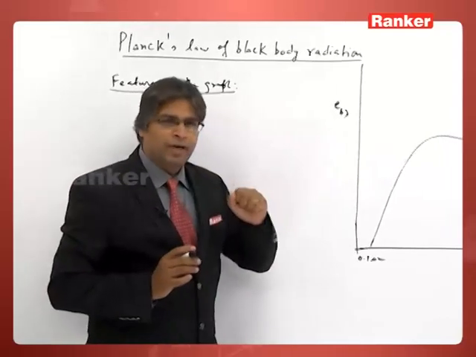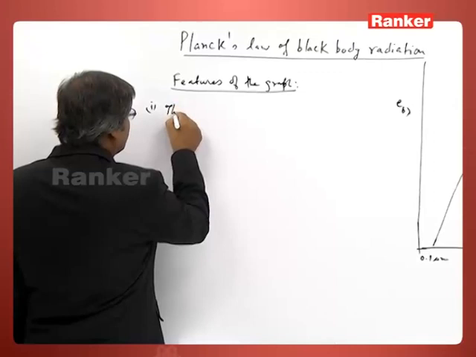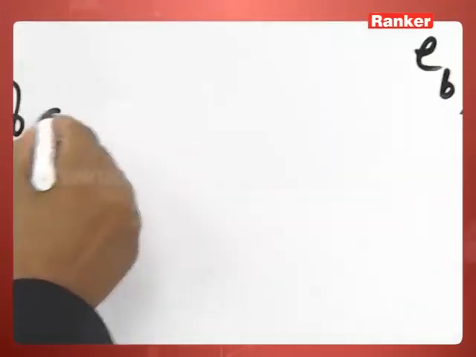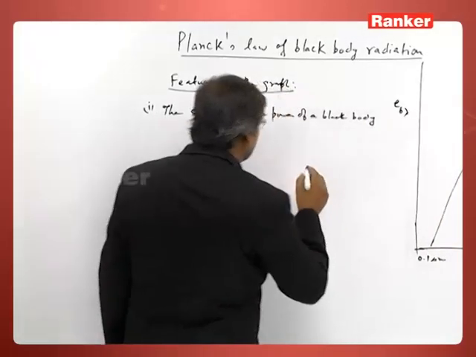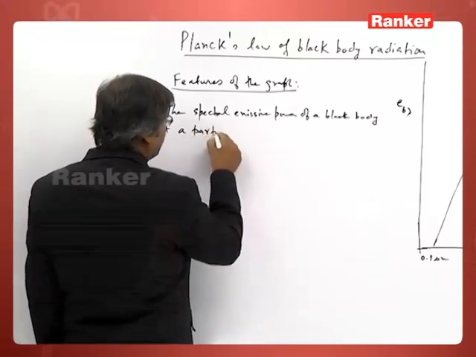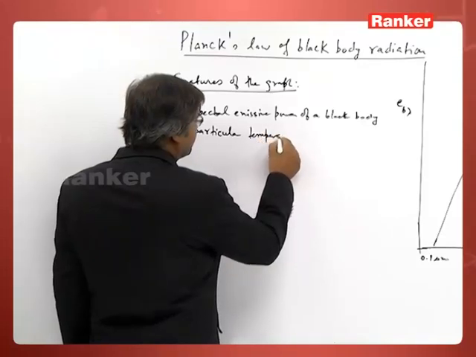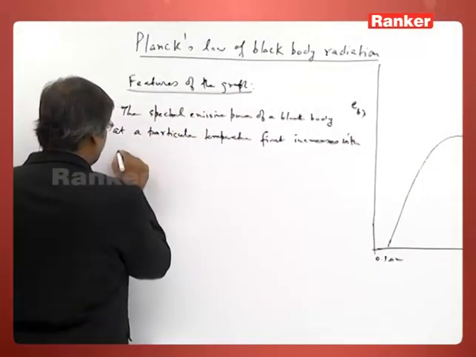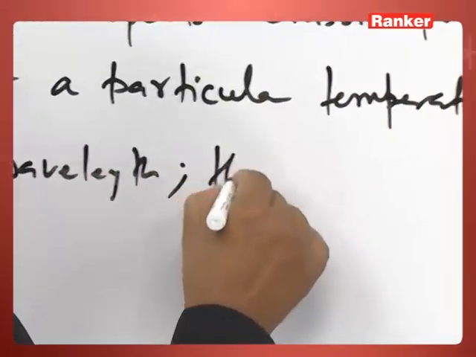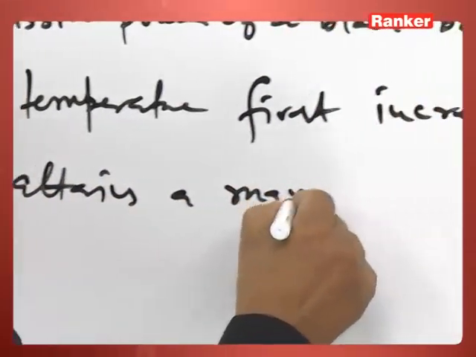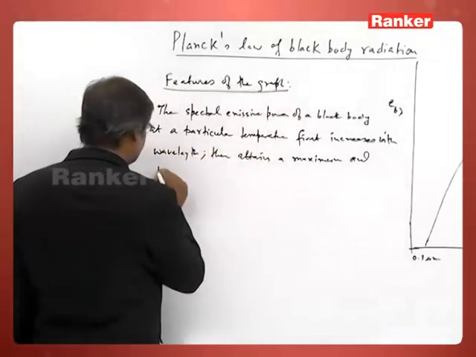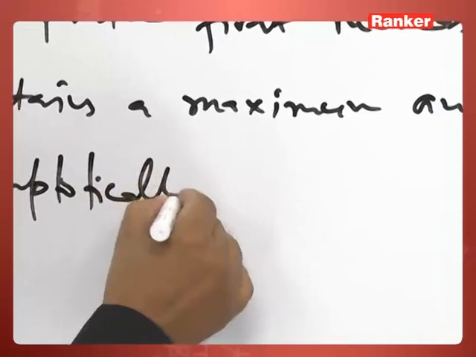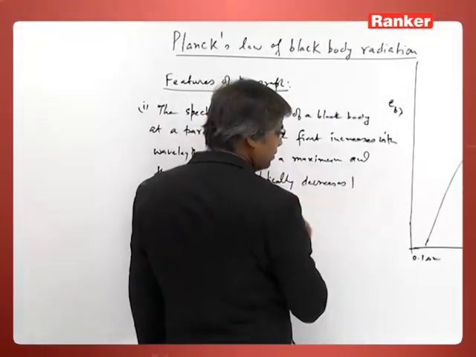So, the first essential point of this, number 1, the spectral emissive power of a black body at a particular temperature first increases with wavelength, then attains a maximum, and then finally asymptotically decreases to 0.